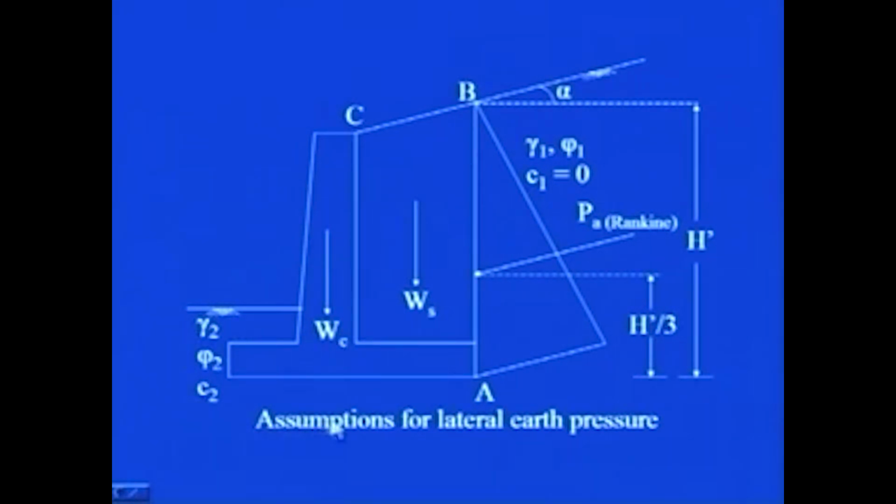For the soil which is lying below this base slab, the properties are gamma 2, phi 2, C2. Gamma 2 is the unit weight of this soil, C2 and phi 2 are the shear strength parameters. Since the backfill is inclined, you know that in Rankine's theory the earth pressure acts parallel to it. So, you can see here PA Rankine, that is Rankine's active force.